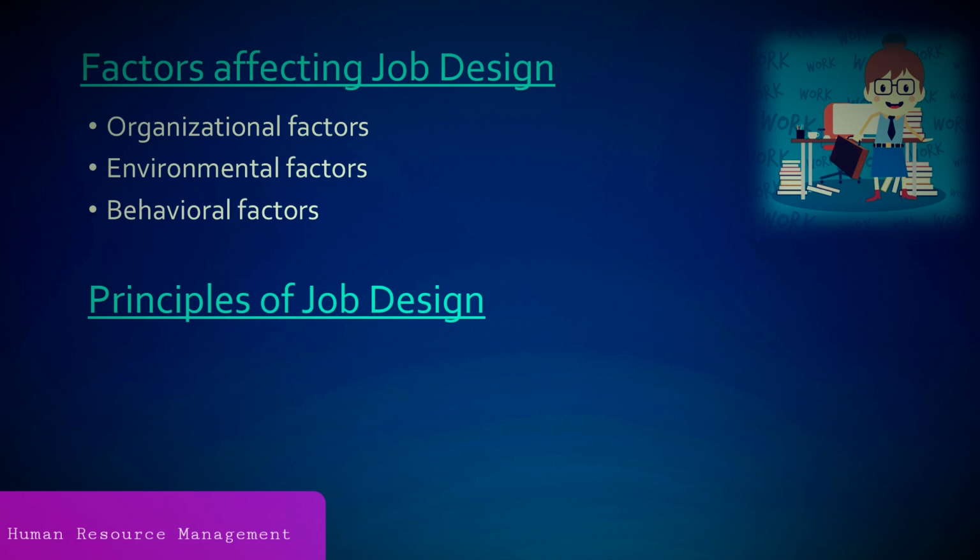Now I will discuss the principles of job design. There are 5 main principles: task variety, skill variety, task identity, task autonomy and feedback. I will briefly explain them one by one. The first one is task variety.